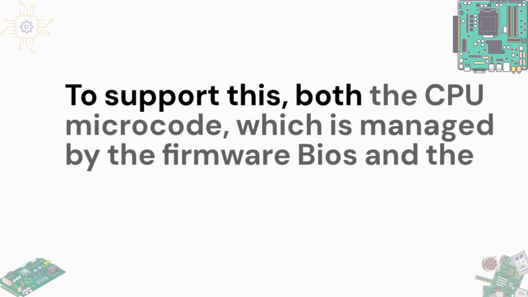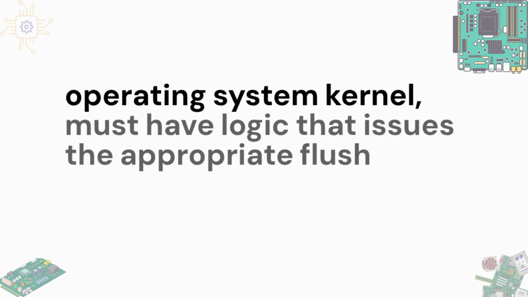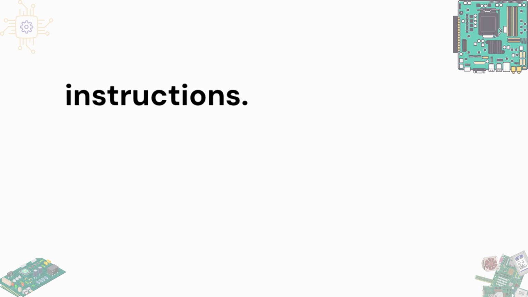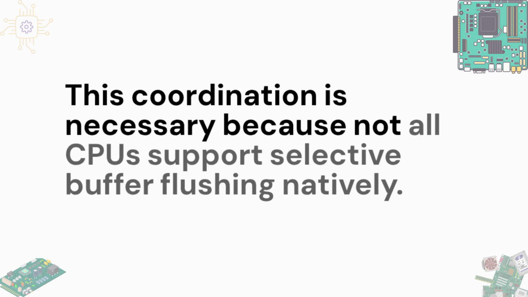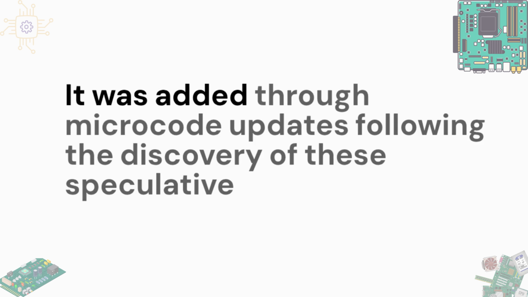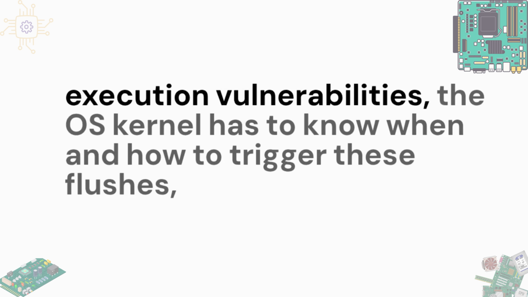To support this, both the CPU microcode, which is managed by the firmware BIOS, and the operating system kernel must have logic that issues the appropriate flush instructions. This coordination is necessary because not all CPUs support selective buffer flushing natively. It was added through microcode updates following the discovery of these speculative execution vulnerabilities.